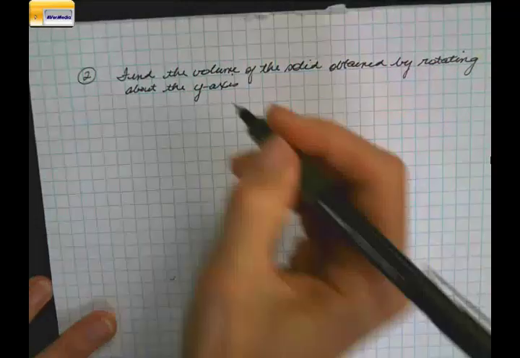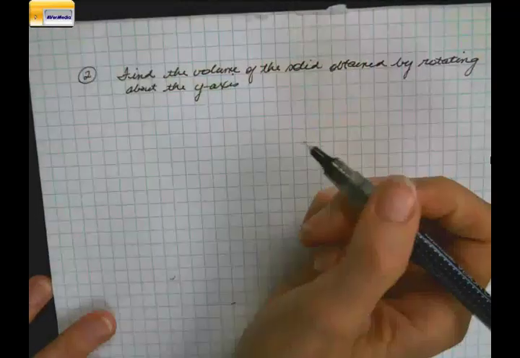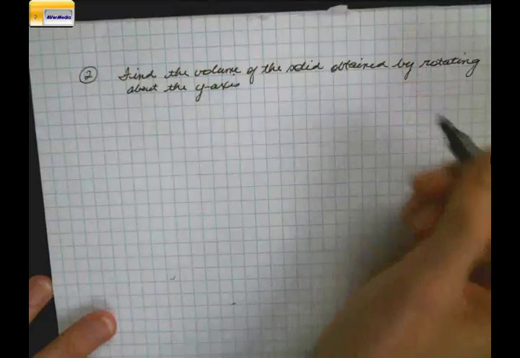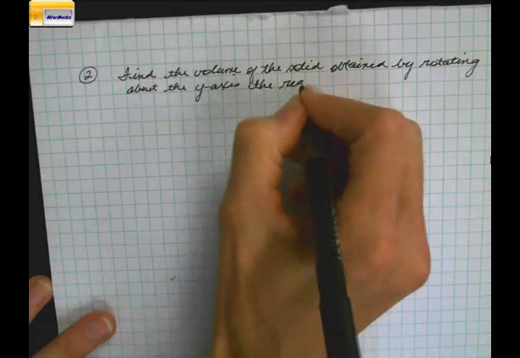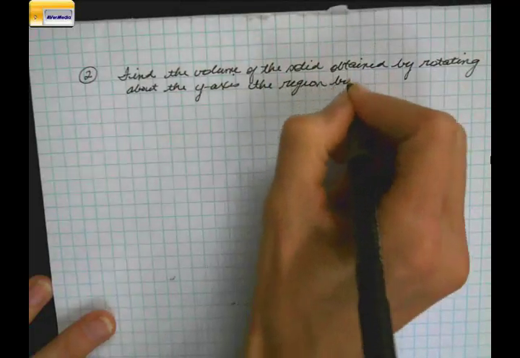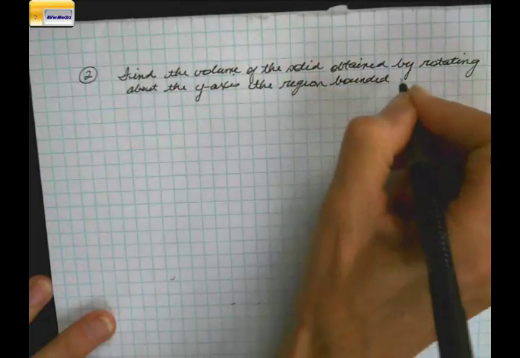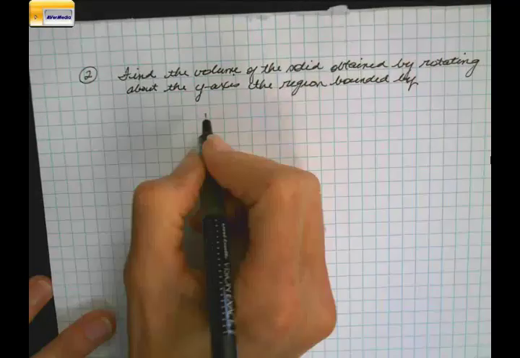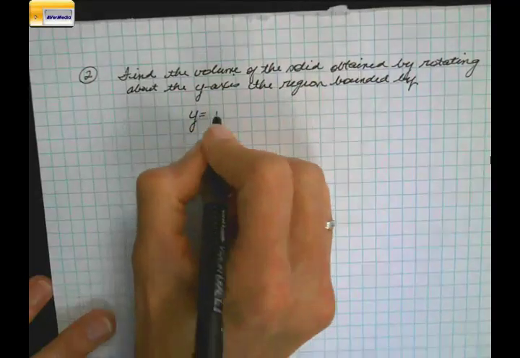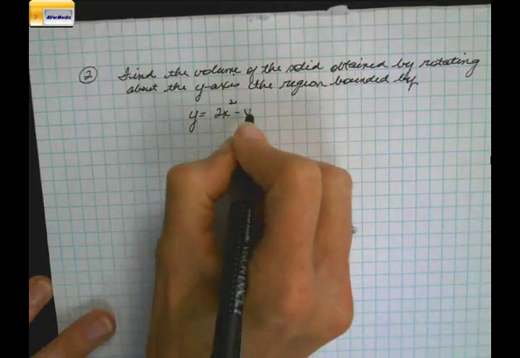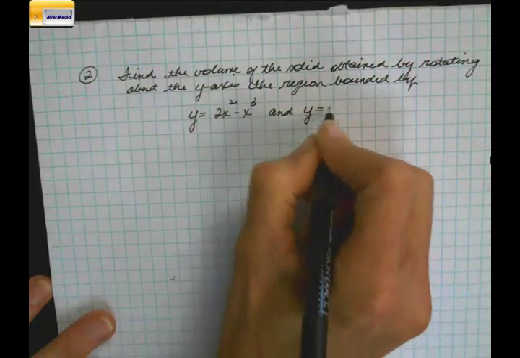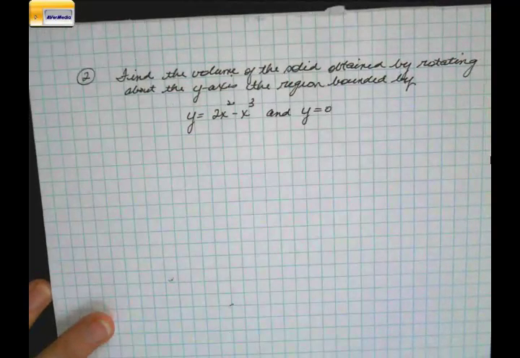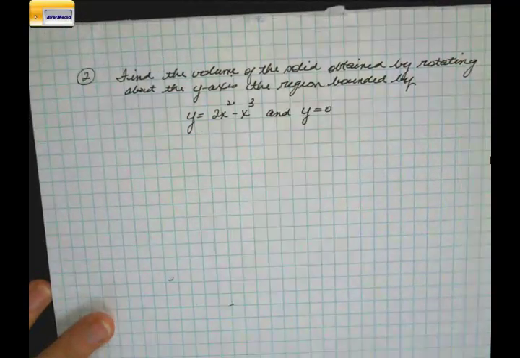Find the volume of the solid obtained by rotating about the y-axis the region bounded by the curve y equals 2x squared minus x cubed, and y equals 0. Y equals 0 is the x-axis.